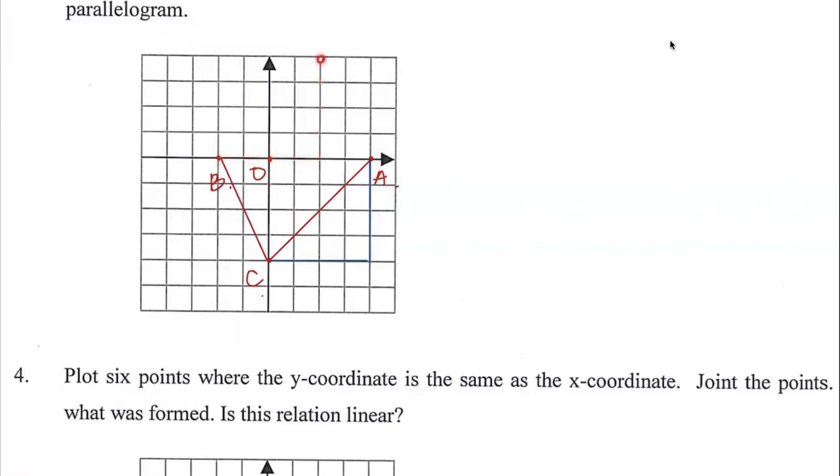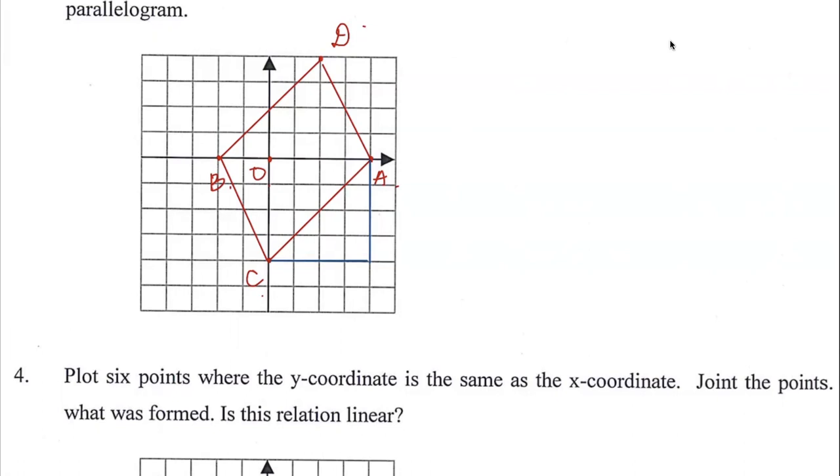So the point should be here, right? And now if we join these 2 points, this point should be D. And now if we join these 2 points, then this polygon is a parallelogram.